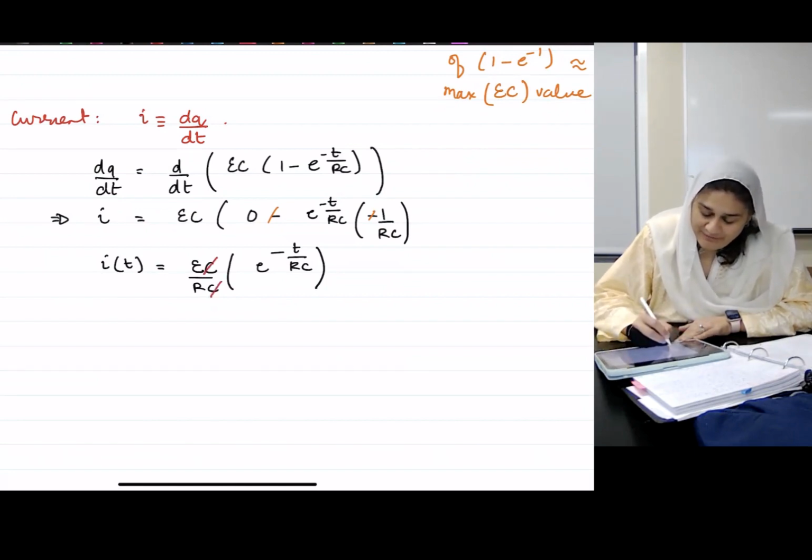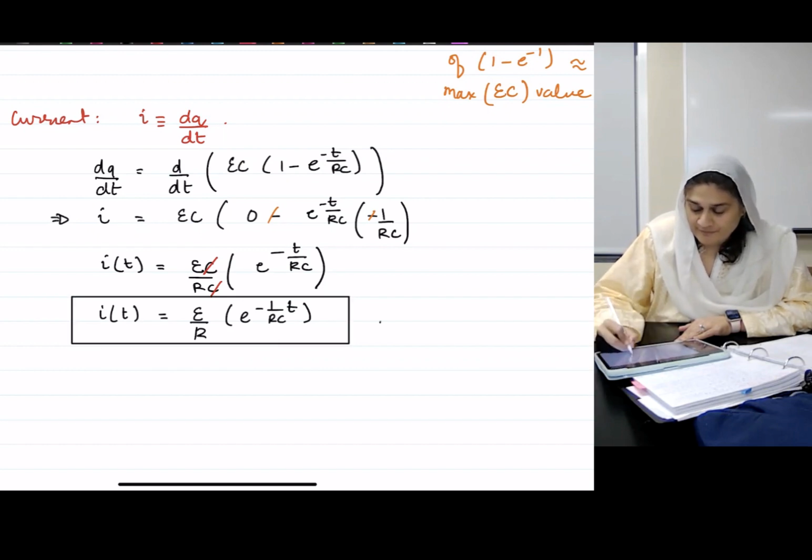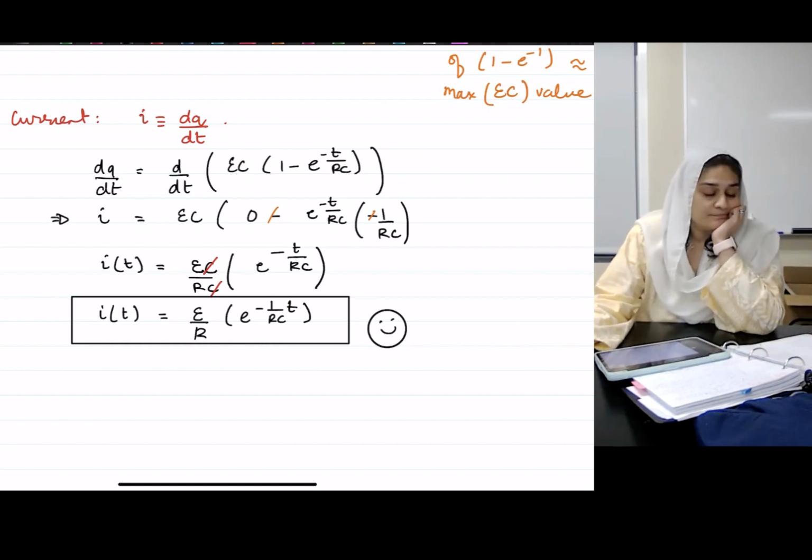And I will be left with I as a function of t will equal E over R e to the minus t over RC. Yay, current.